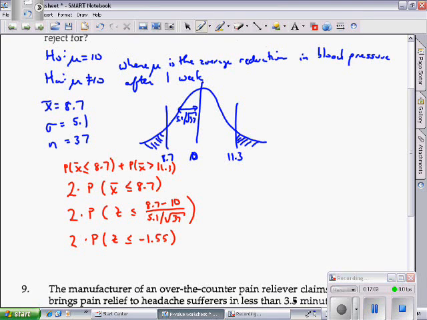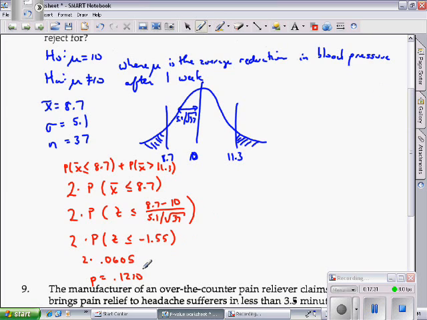And you can continue along through this on your pink chart or on your calculator. Now that p-value is pretty high, but the question said find the p-value and then tell me what levels of alpha you would reject HO for.